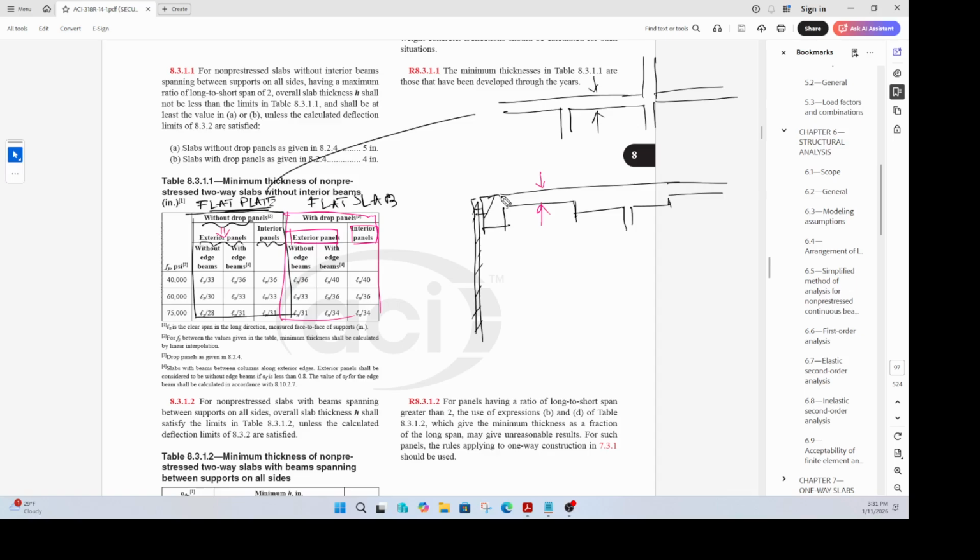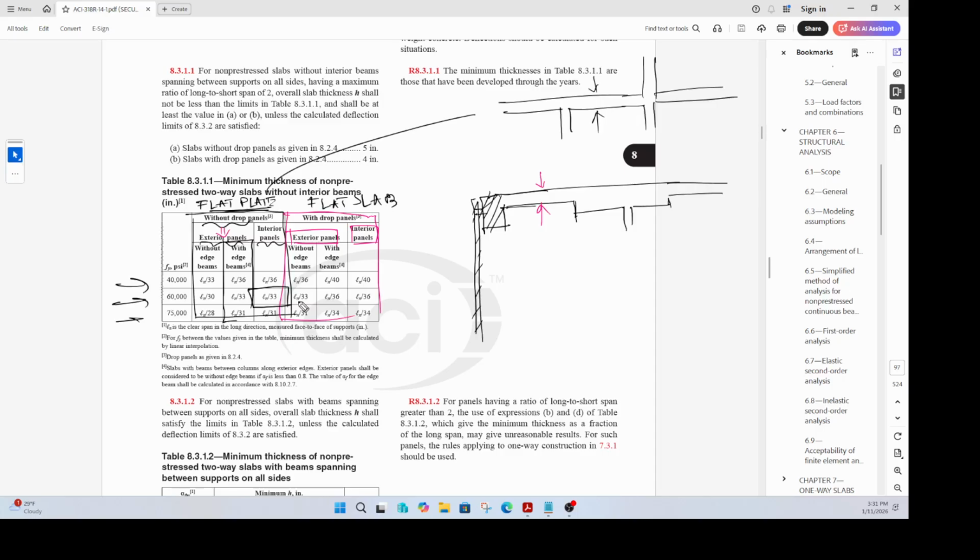And if that edge beam has some character, meaning the relative stiffness of the edge beam compared to the stiffness of the slab is above a certain value, we'll talk about all that, then you consider that your edge beam is active, and you pick up based on your Fy value.